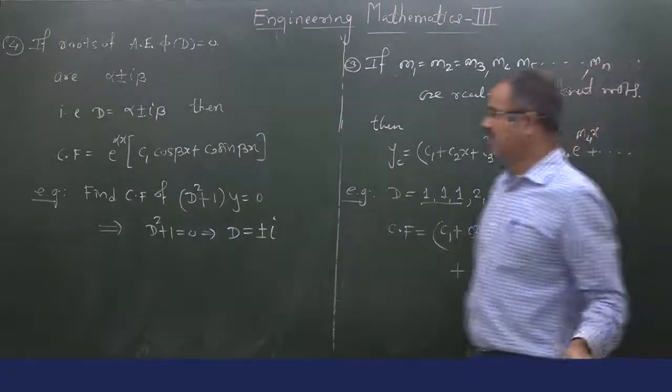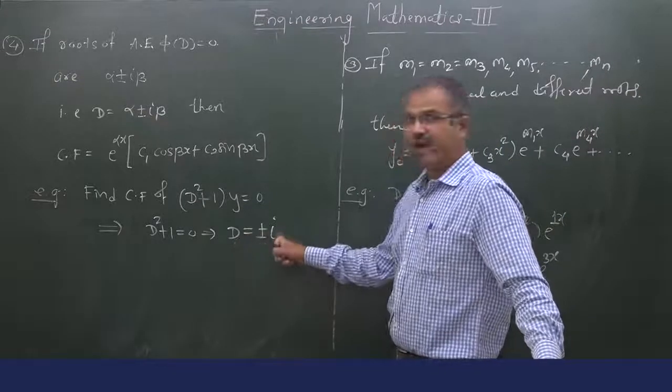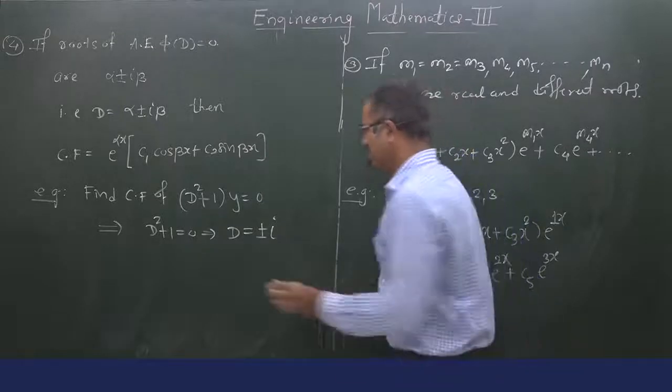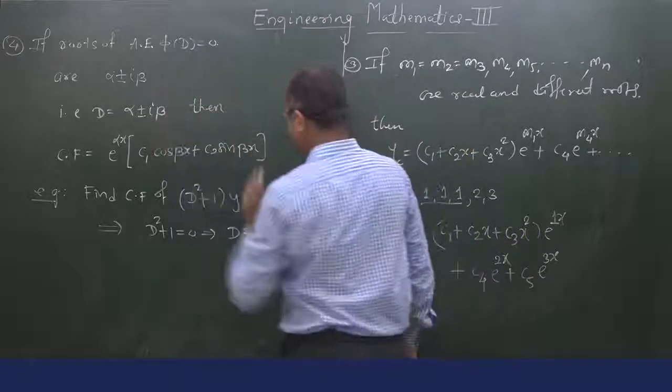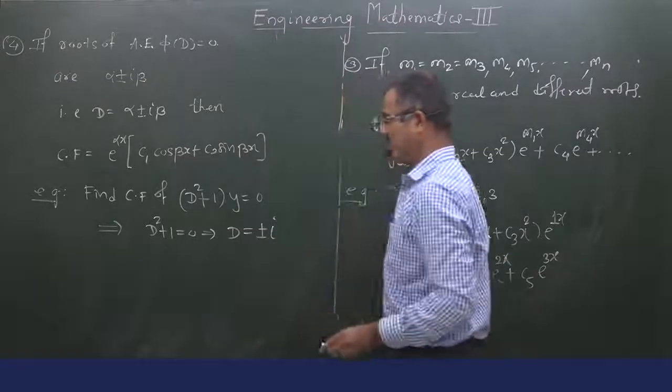Complex roots always appear in pairs. Here the real part is equal to 0 and the imaginary part is equal to 1. So if you compare this with alpha plus i beta, here alpha equals 0 and beta equals 1.